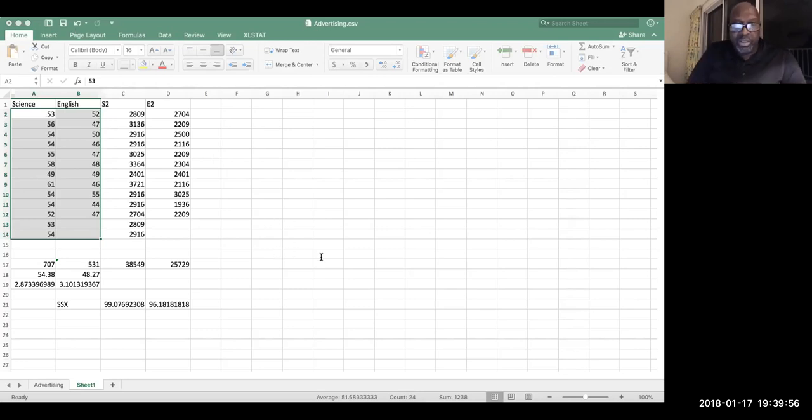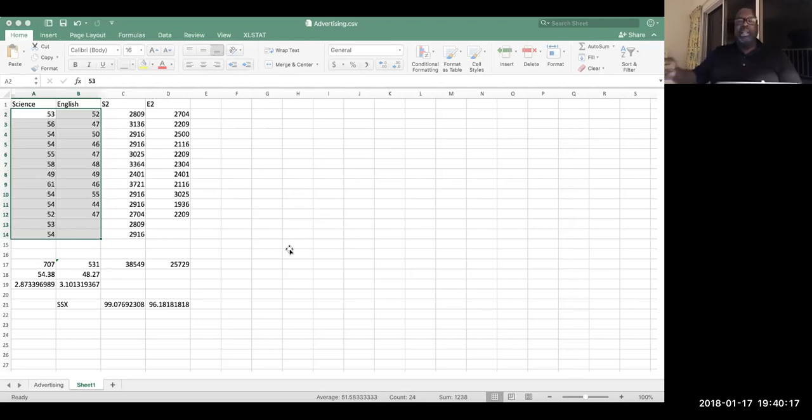It says, according to the National Education Association, teachers generally spend more than 40 hours a week working on instructional duties, right? The following data shows the number of hours worked per week for a sample of 13 high school science teachers and 11 high school English teachers. And so we have the values right there.